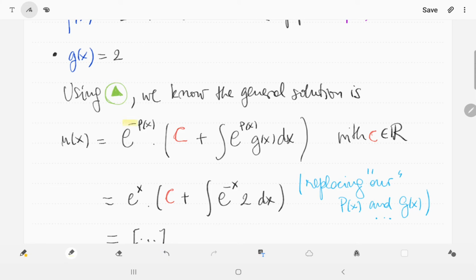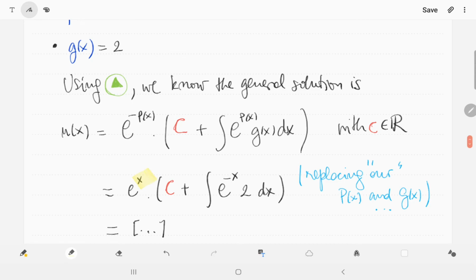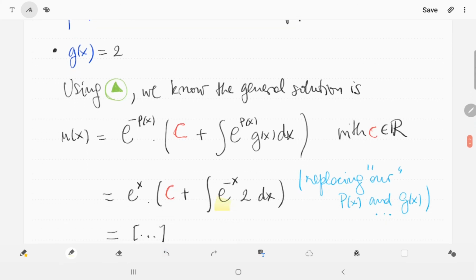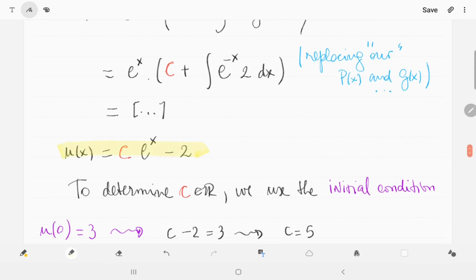So minus capital P, here in our example, is just x. The constant stays the same. e to the capital P of x is e to the minus x, which is here, and g is 2, which is there. So replacing our information in the general solution, we get, after some computation, this u equals c e^x minus 2.